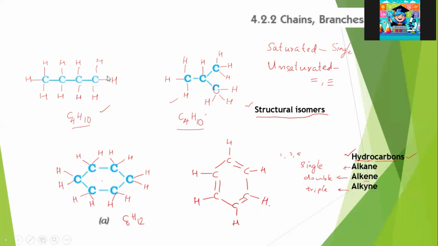So this is about compounds of carbon and hydrogen only, that is hydrocarbons. Hydrocarbons are named alkane, alkene, alkyne, based on the number and type of bonds between the carbon atoms.